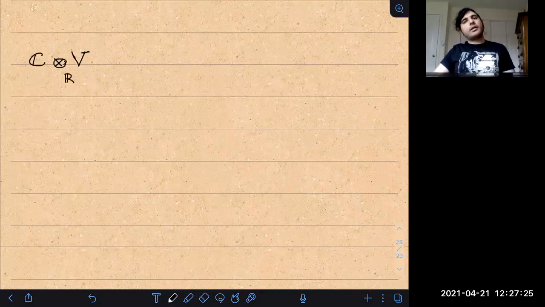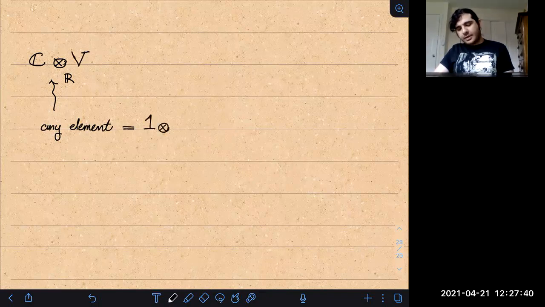On the other hand, as I said, when we have a real vector space V and we complexify it with C, it is true that any element here can be written as 1 tensor some vector in V, like v1, plus i another vector inside V, like v2.